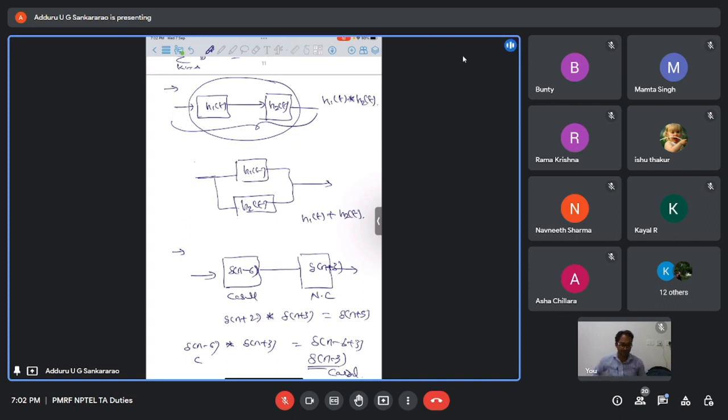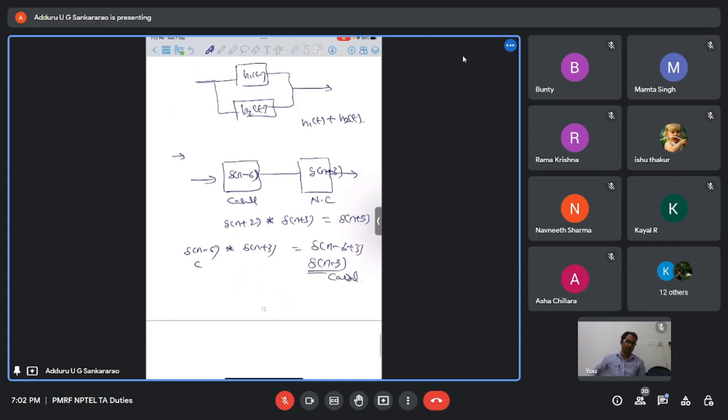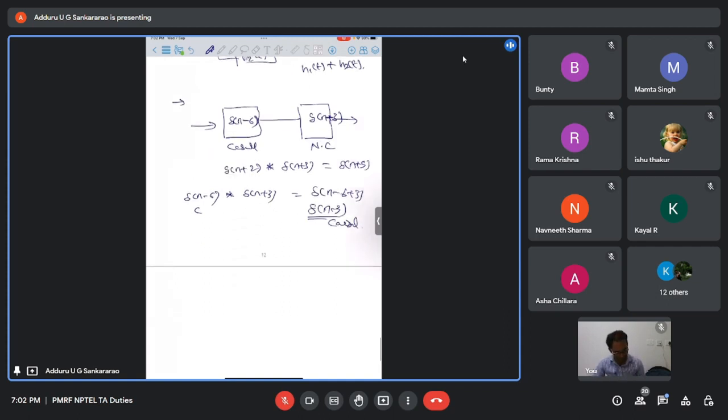What is the condition for causality? If h of n or h of t equals 0 for n less than 0, that is the condition for causality. Here del of n minus 6 is causal because it has an impulse at 6, and del of n plus 3 is non-causal with an impulse at minus 3, at negative values of n.